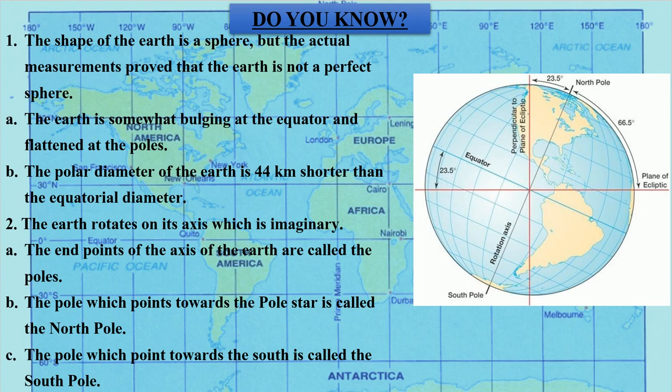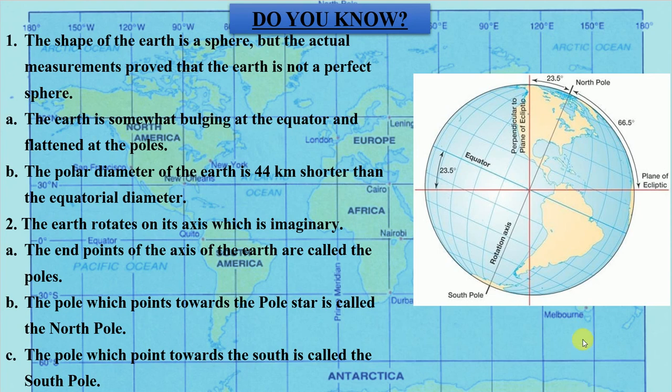And thus the polar diameter, we have already discussed this fact in the previous chapter, the Earth and the Solar System, that the polar diameter of the Earth is 44 kilometers shorter than the equatorial diameter.